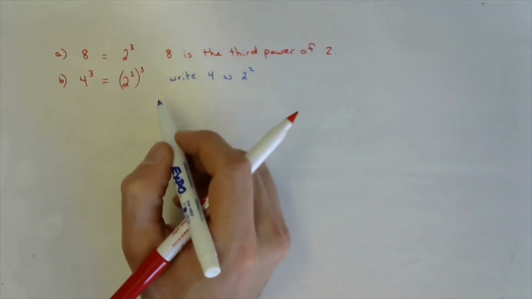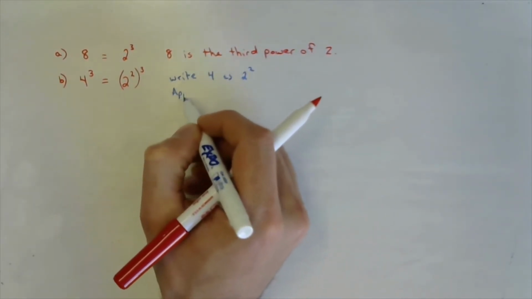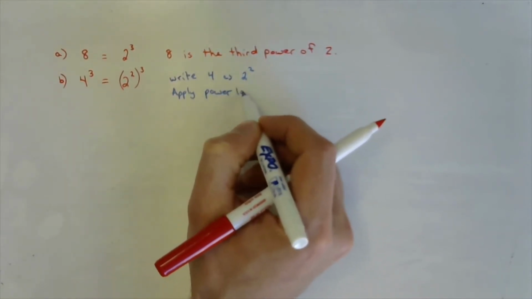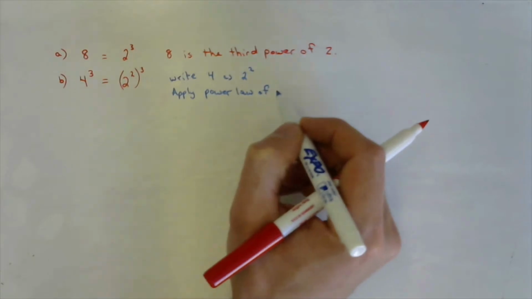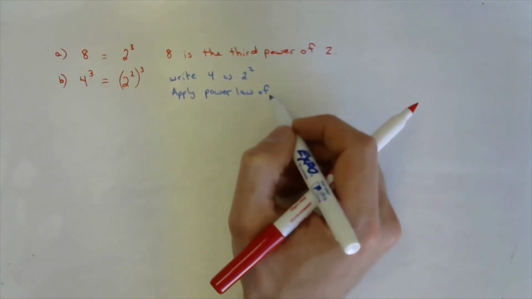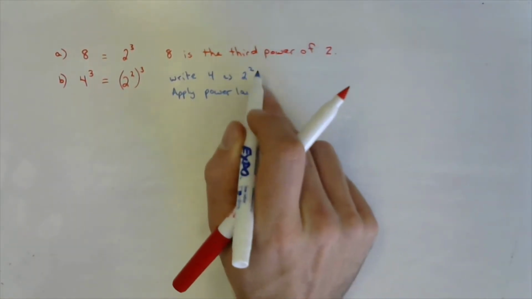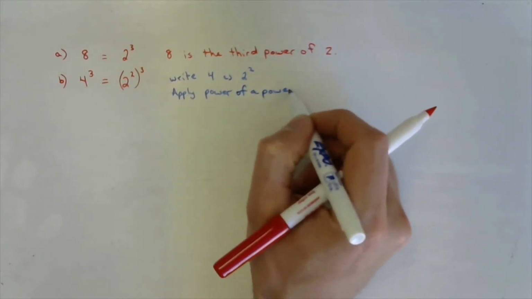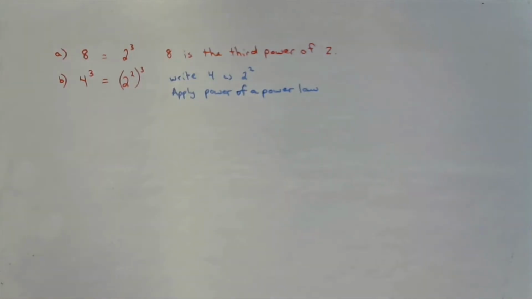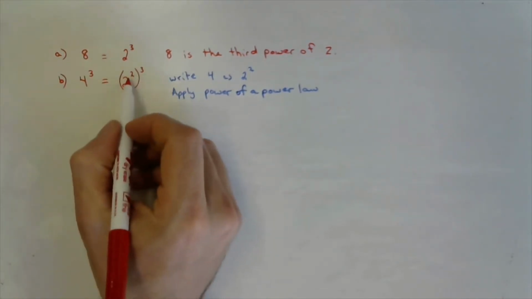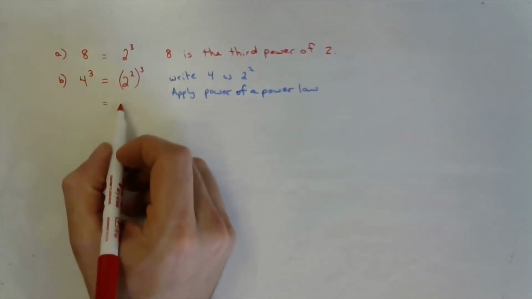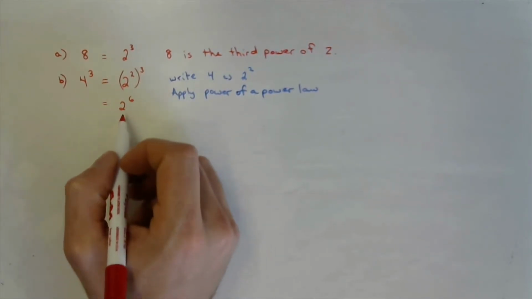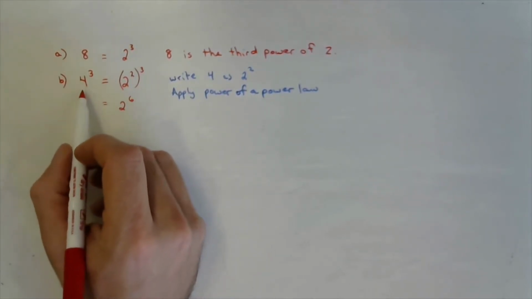And now what are we going to apply? Which law? Power law. Good job. Or power of a power, sorry. Power of a power law of exponents, in which case we multiply the exponents together, which gives us 2 to the power of 6. 2 to the power of 6 has the exact same value as 4 to the power of 3.